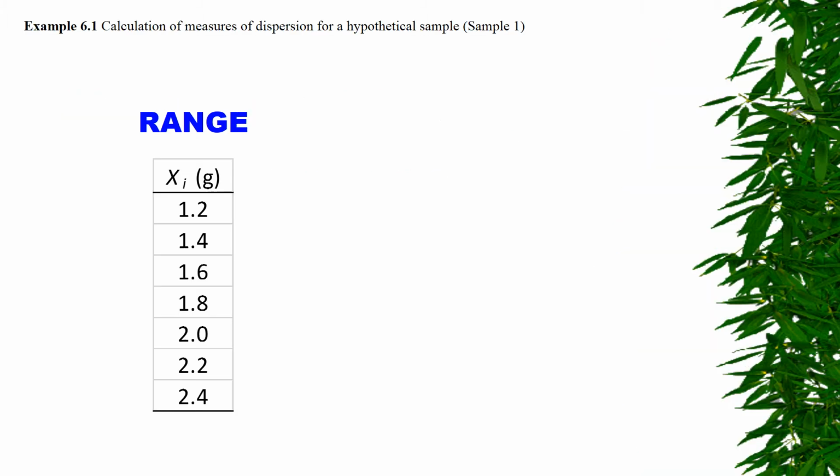The difference between the highest and lowest measurement in a group of data is termed the range. If simple measurements are arranged in increasing order of magnitude, as if the median were about to be determined, then the sample range is xn minus x1.